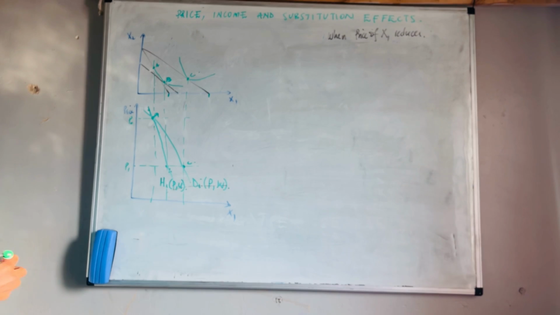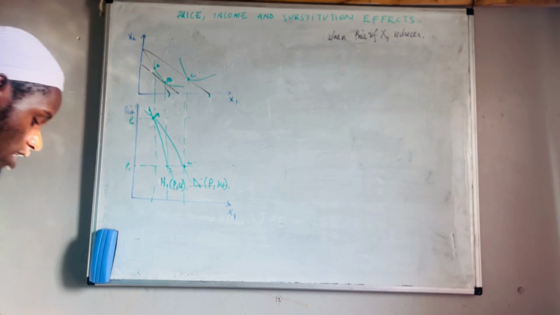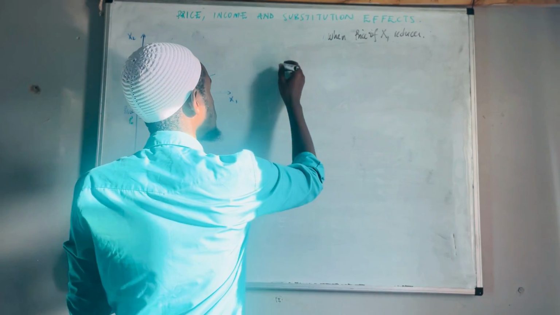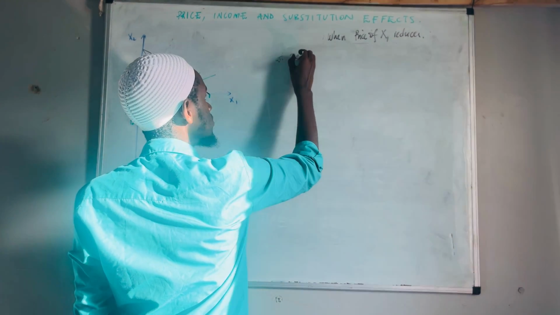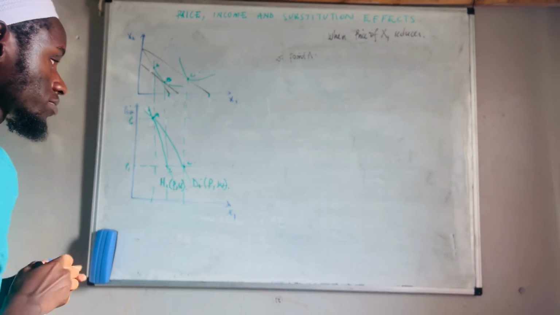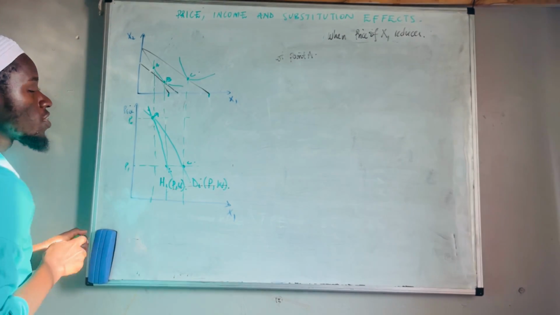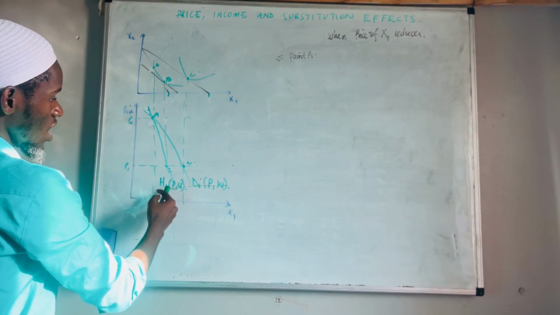Now that's where our Slutsky equation comes from. At point A, both the Marshall demand curve and the Hessian demand curve are equal.